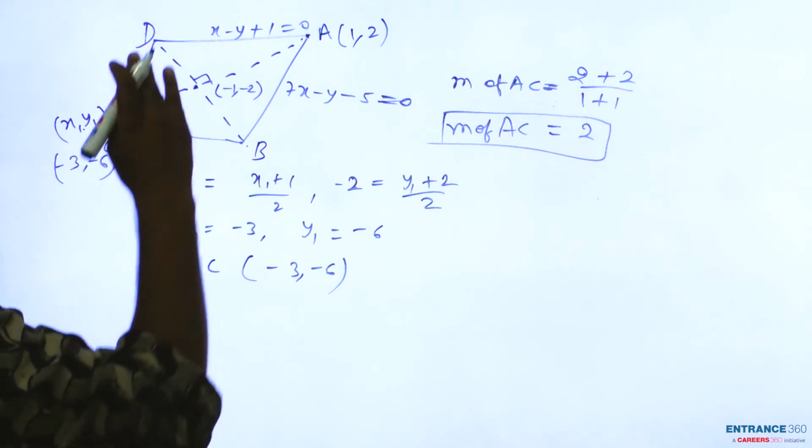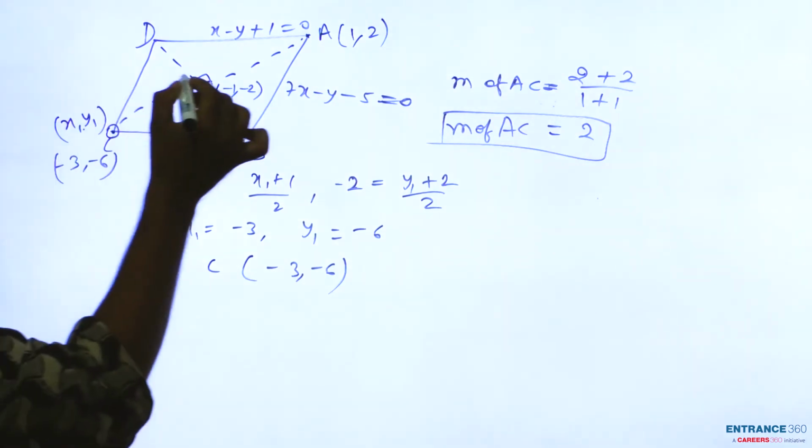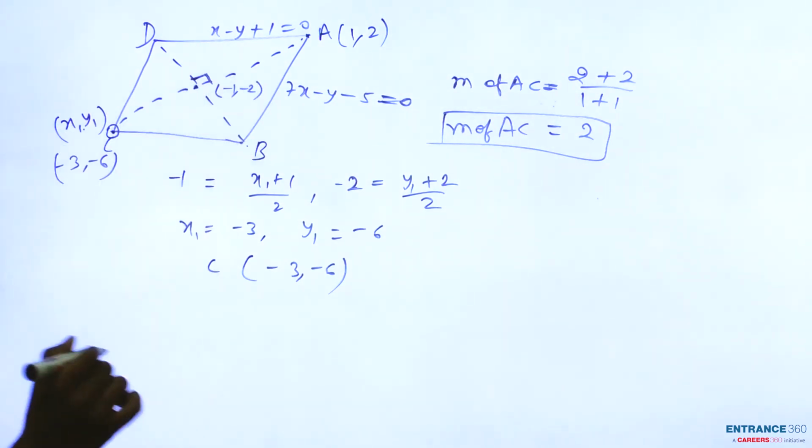As we know, the diagonals of a rhombus intersect at the midpoint and are perpendicular bisectors of each other.